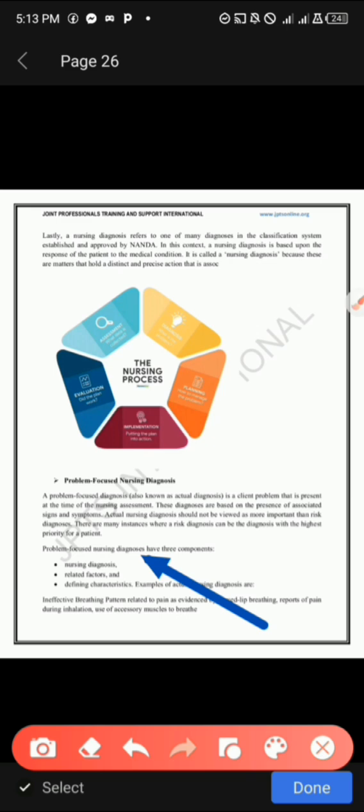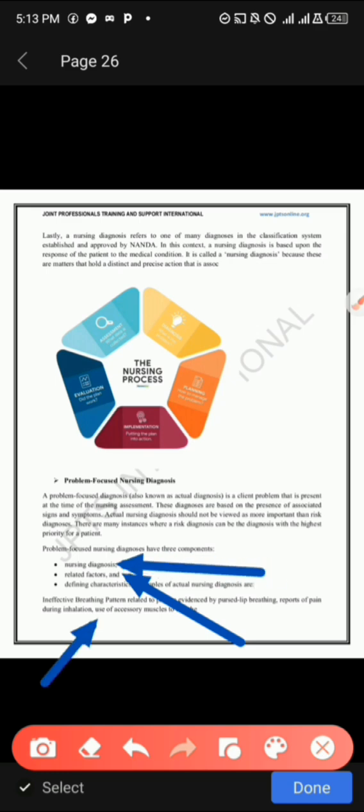Problem-focused nursing diagnosis has three components. Number one, nursing diagnosis. Two, related factor. And three, defining characteristics.